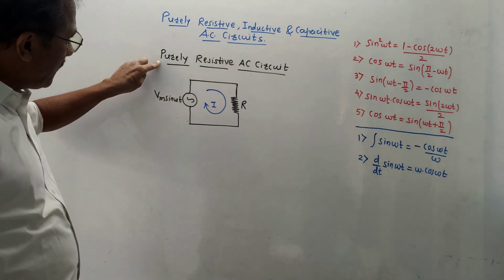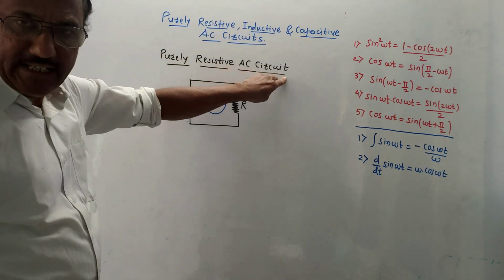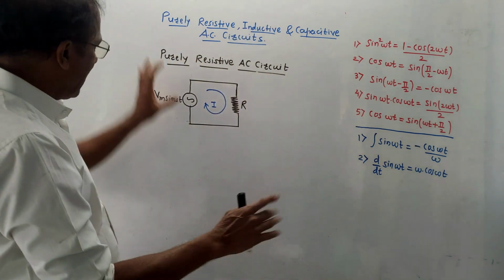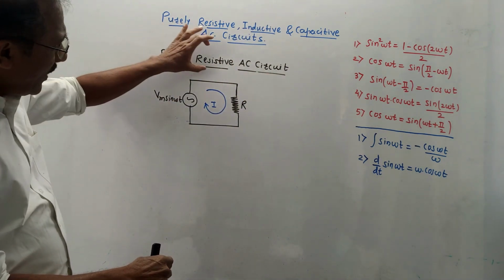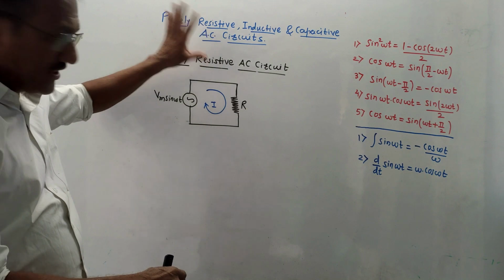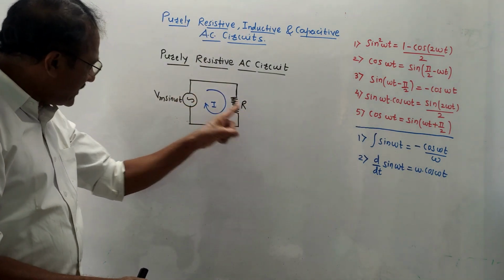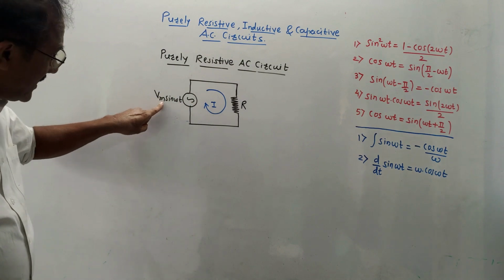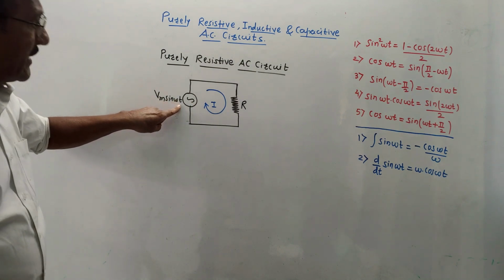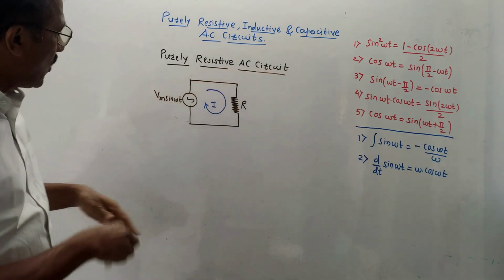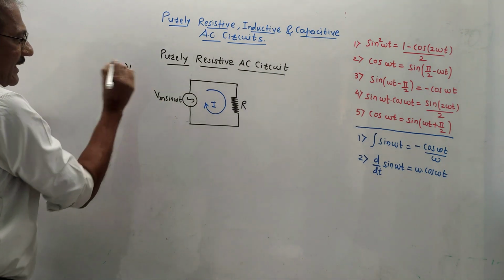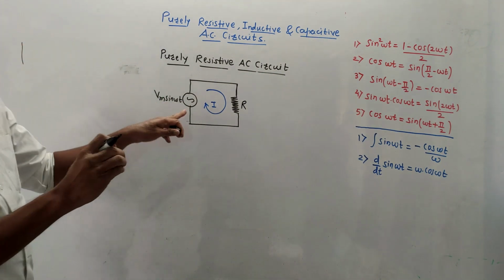The first part is the purely resistive AC circuit. How to draw the diagram? Make it simple. As the name indicates, it is pure resistance. Resistive means resistance. So I have drawn a simple diagram. R is shown, which is a resistance. Supply voltage is Vm sin omega t because it is an AC circuit, so I should not only mention it like V. It is Vm sin omega t.